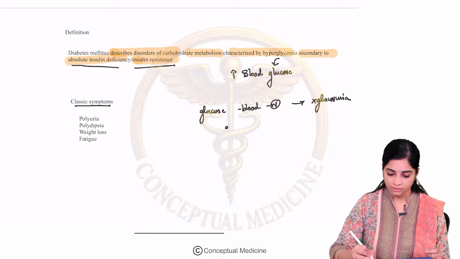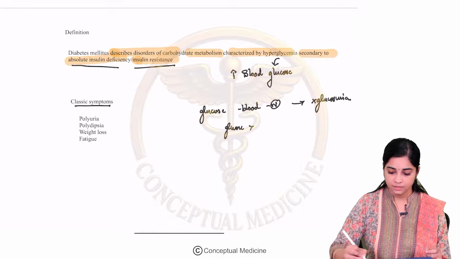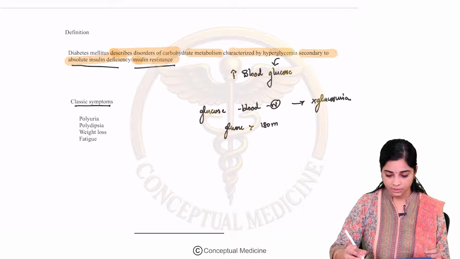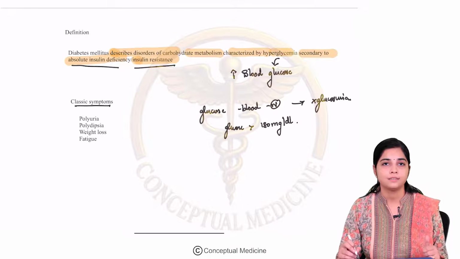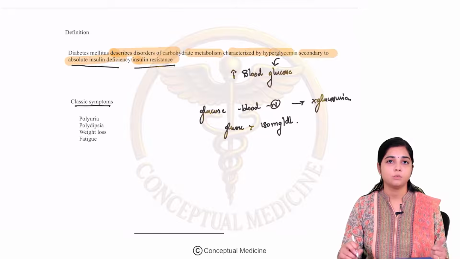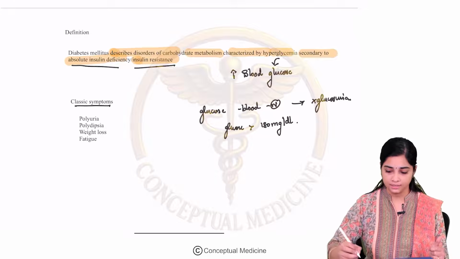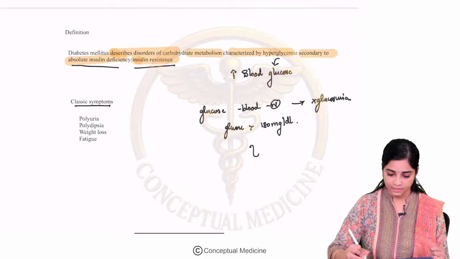But when the glucose levels in the blood increase to more than 180 milligrams per deciliter, then what happens? Let us look at this.